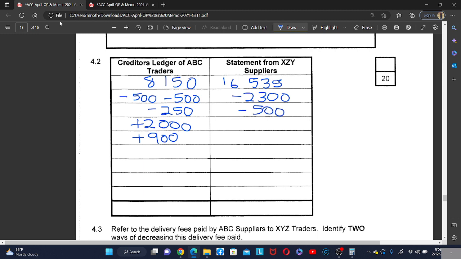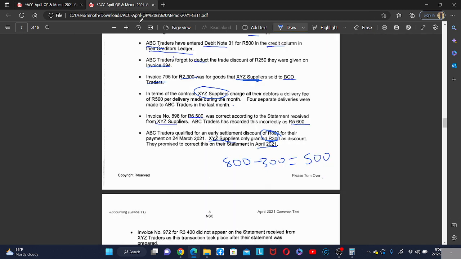Remember, the discount is supposed to decrease the statement because the money that we are owing them is decreasing. Obviously, if they give us a discount, we're not going to pay them that money. But they only deducted 300 Rand instead of 800, so the difference is 500 Rand.